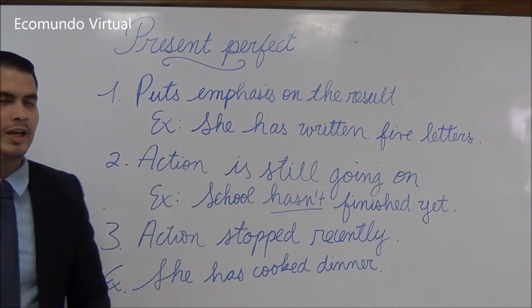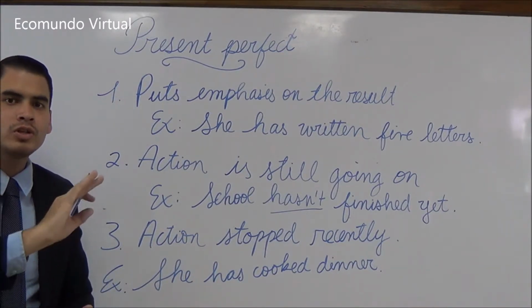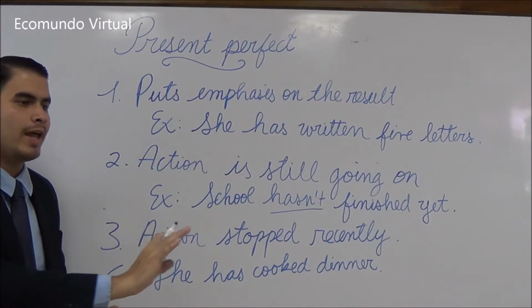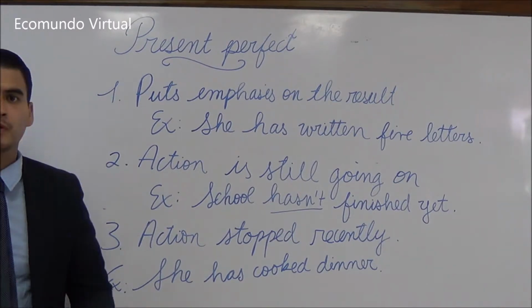Now, she has cooked dinner. It's an action that finished maybe a few minutes or maybe an hour ago. But it's a recent action. That is the reason we use present perfect.